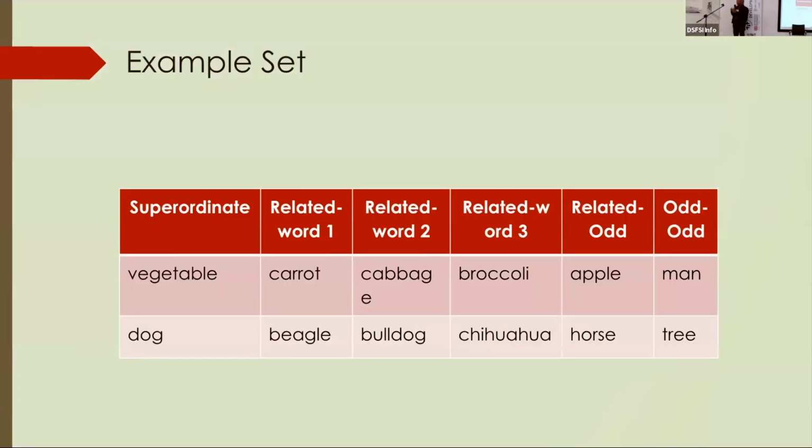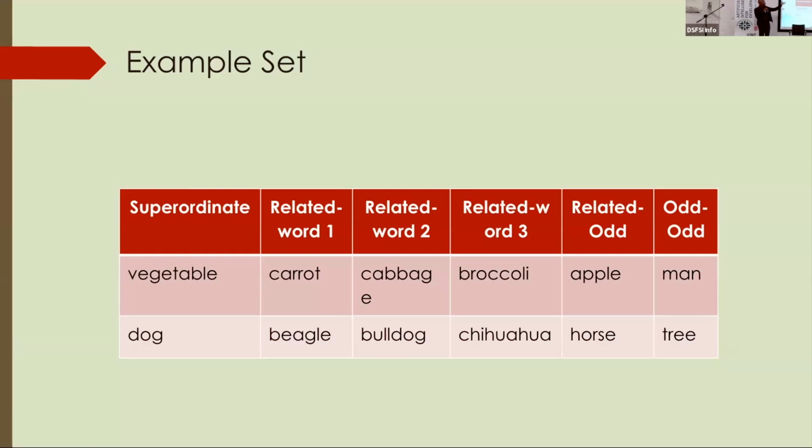This is an example of how we presented our data. Here we have two superordinate terms. I've spoken about vegetable already, and then we have another one, which is dog. Then we have three related words, which are our three core hyponyms, followed by the related but odd word.